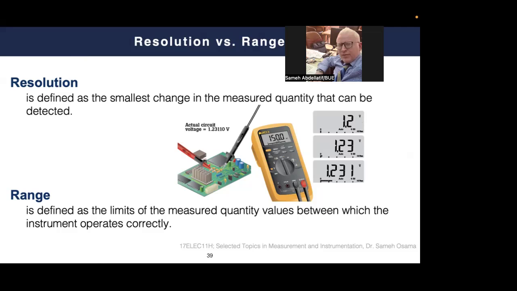If you are measuring a voltage in the millivolt range and you put it on the scale of the volt range, then you will get a reading which is totally inaccurate because you are choosing a wrong range. So you have to go down to the appropriate range, which is the millivolt range. So this is again important to consider.